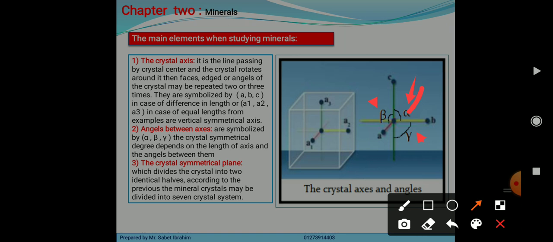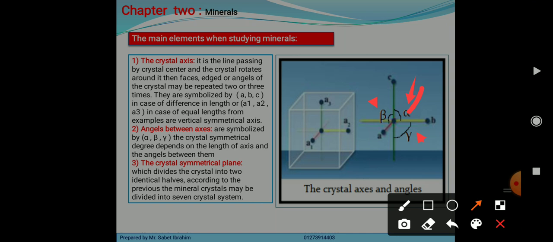Alpha, beta, and gamma. The crystal's symmetrical degree depends on the length of axes and the angles between them. So, when I want to classify the crystal systems, I have to consider the length of the axes and the angles between axes.